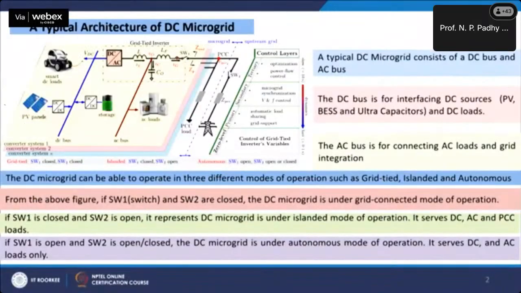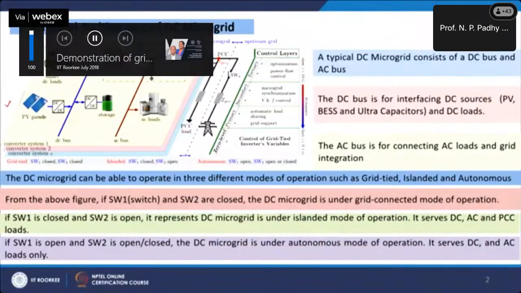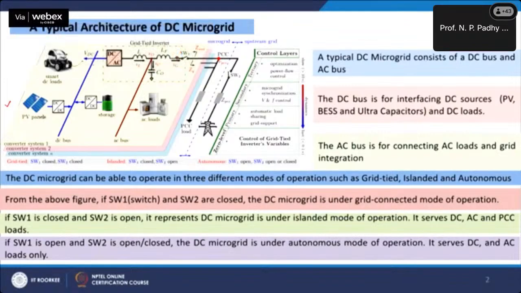If you closely look at the PV panels, those are connected to the DC bus, and to some extent the DC loads such as electric vehicles or e-mobility are connected to the DC bus. And we have DC-DC converters connected to storage devices which also cater to the DC grid.